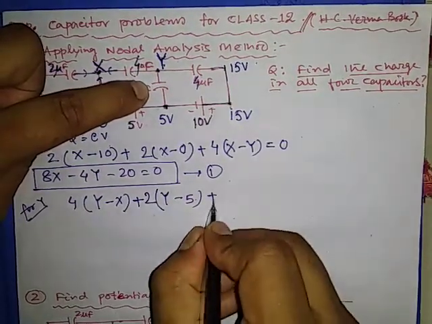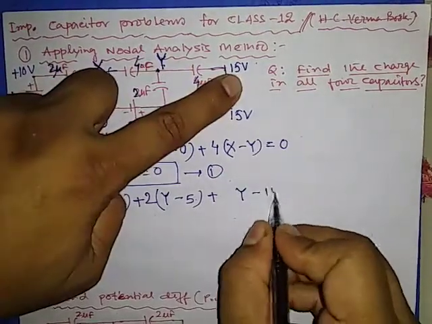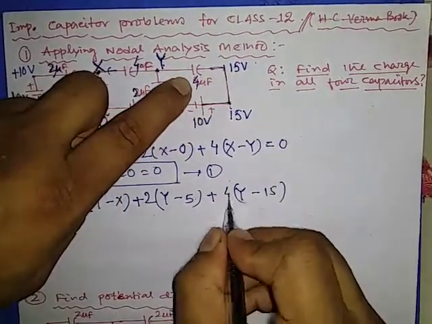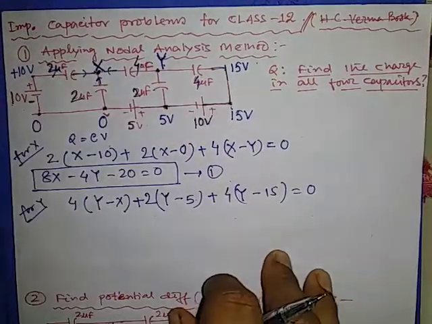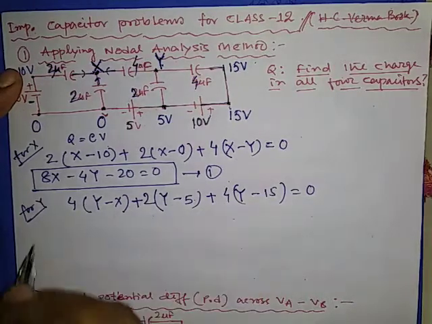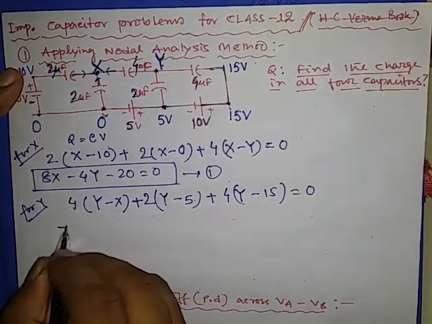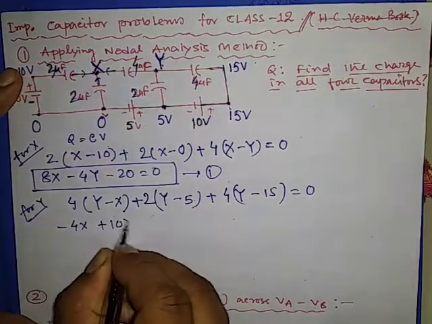Understood? Plus y minus how much? 15. The intermediate capacitor is 4. The total charge is equal to 0. So 4y plus 2y, 6y, plus 4y, 10y, and minus 4x. So you can write minus 4x plus 10y.